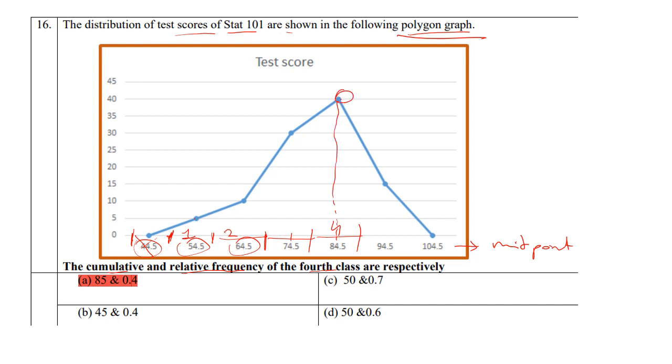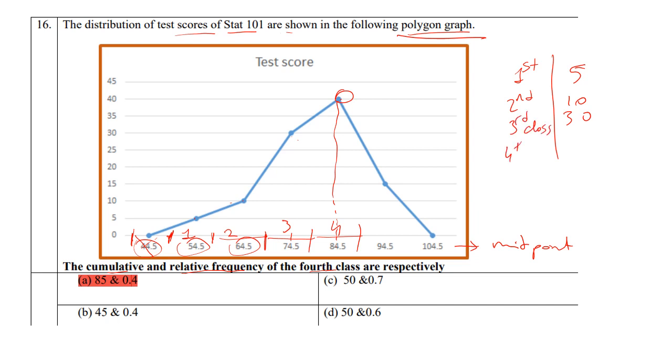Now you can say the first group frequency is 5, and the second group is 10, and the third one is 30. This is the third class.